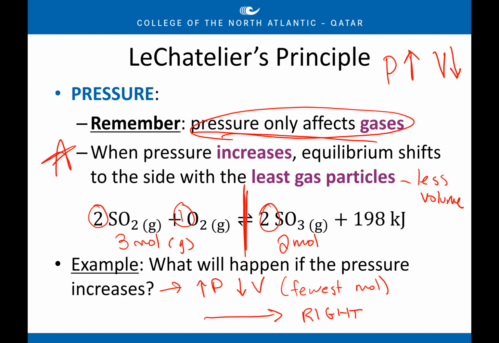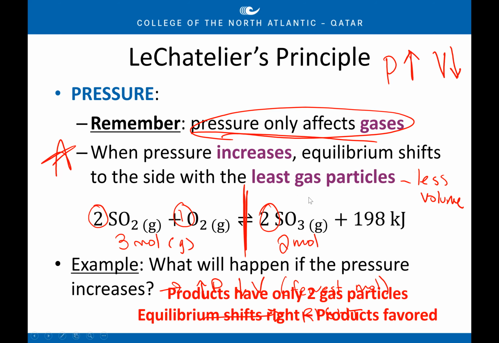Think about when you write a test. If you're writing a test for me, we can book a classroom or a theater. But in the final exam, we have 100 students, we need the gym. So more students, we need more space. Fewer students, less space. The same thing happens in equilibrium. Fewer moles, less space, more moles, more space. I don't know if that makes sense, but that's how I always thought about it.